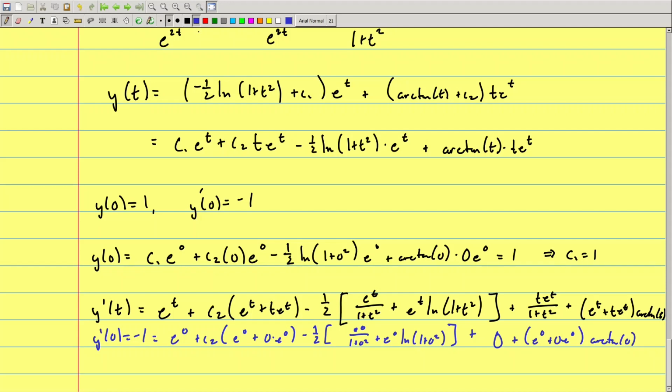All kinds of stuff. Okay, so negative 1 is equal to 1 plus C2 times 1 minus negative 1/2. And what's the arctangent of 0? 0, right? So this is positive 1/2, right?